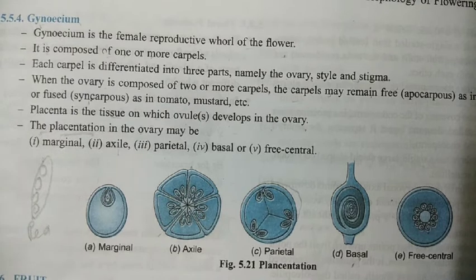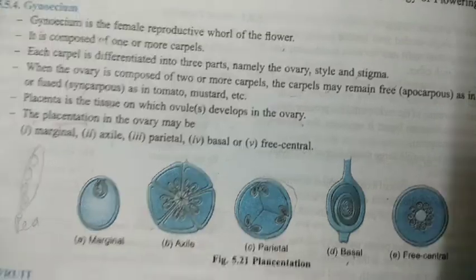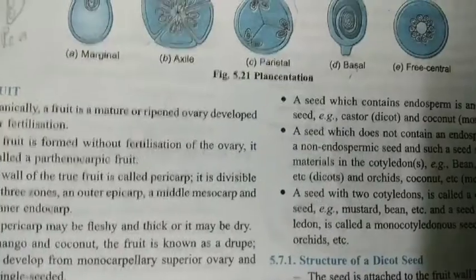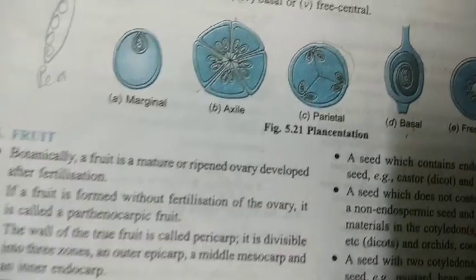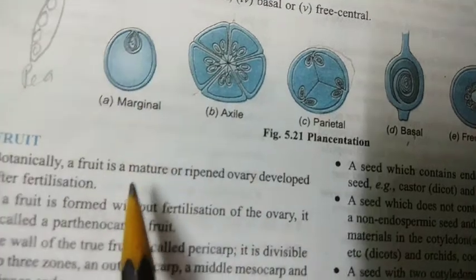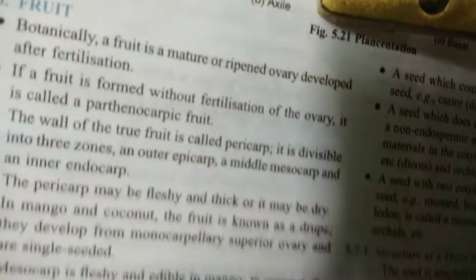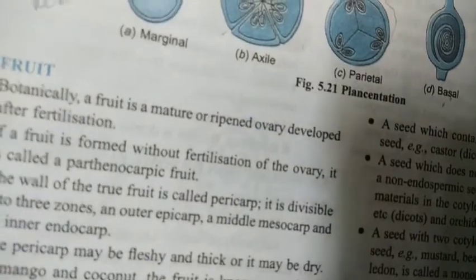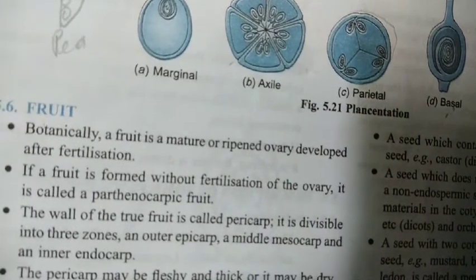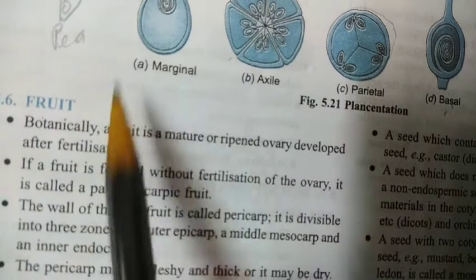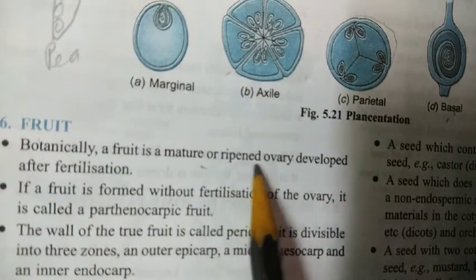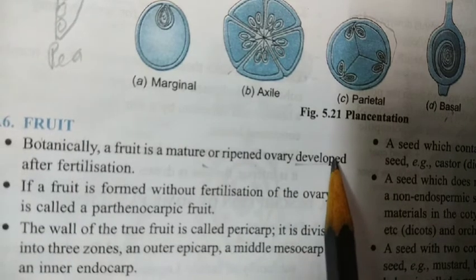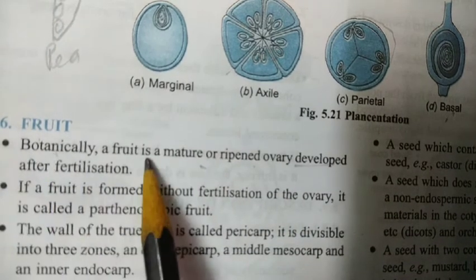Now we study about the fruits. Fruit is the matured or ripened ovary. Botanically, a fruit is a mature or ripened ovary developed after fertilization.